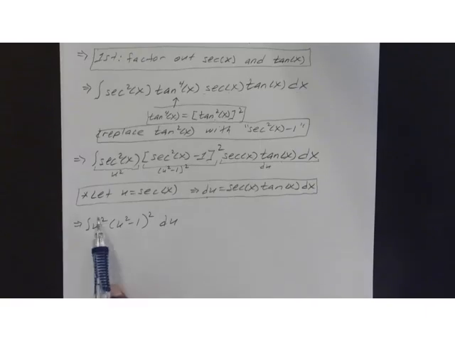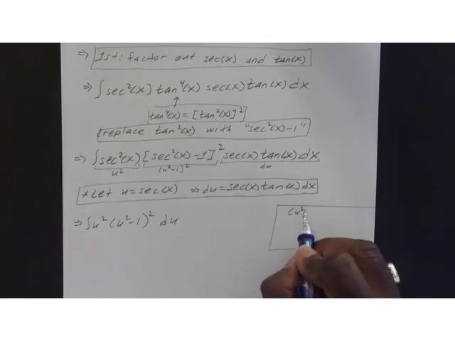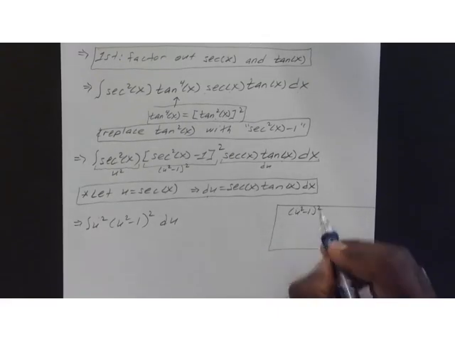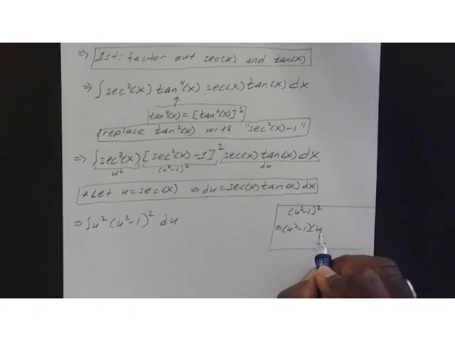With this one, we can't just distribute the u squared because we have u squared minus 1 squared. So we have to convert that. You know that's just u squared minus 1 times u squared minus 1.